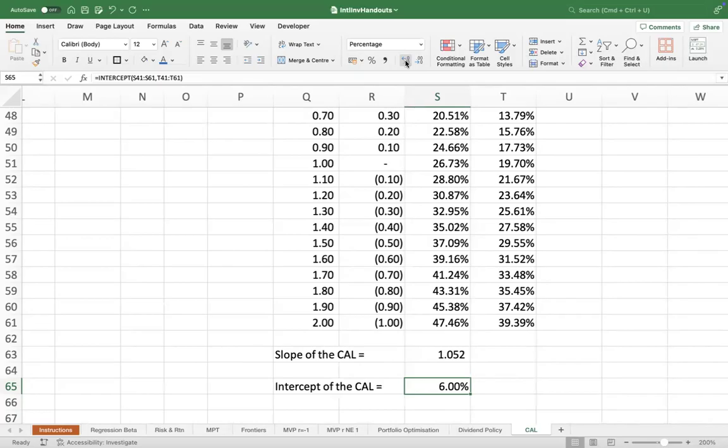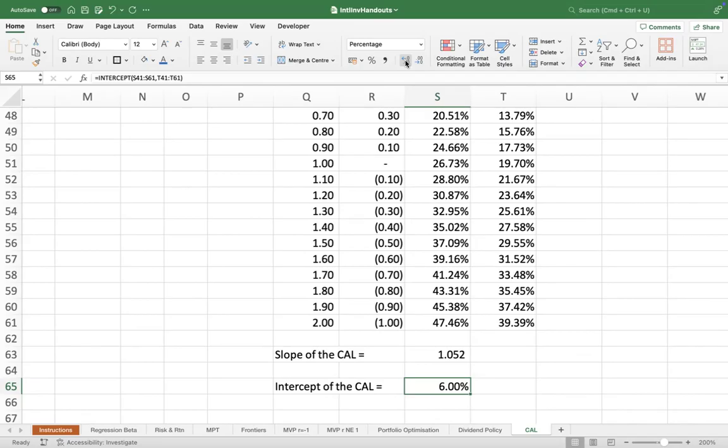So we have covered all the intended topics for capital allocation line. What is the capital allocation line? It is a mix of risky and risk-free assets in the optimal combination. What is the slope of the CAL? Sharpe's ratio of risky. What is the intercept of the CAL? Risk-free rate.